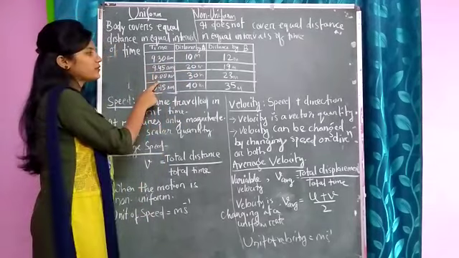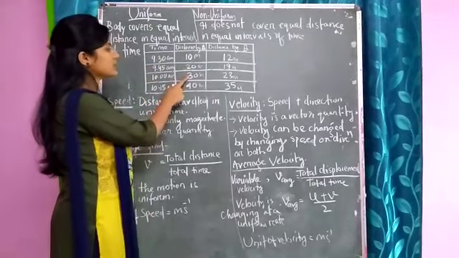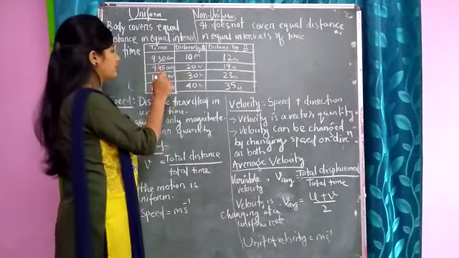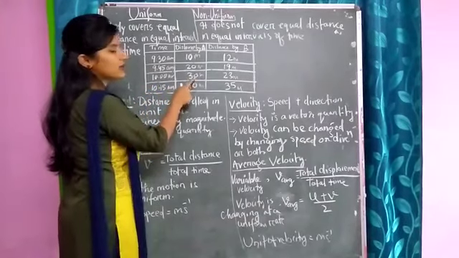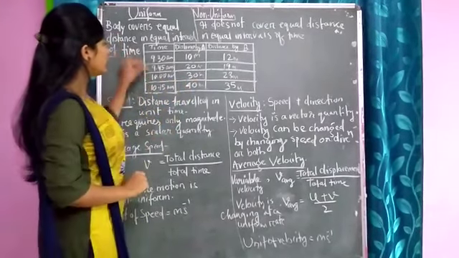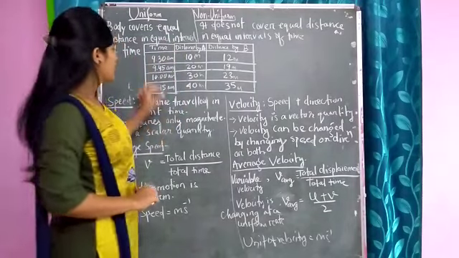For the next 15 minutes, the distance is again 10 meter. Again for the next 15 minutes, it is also 10 meter. So for equal intervals of time, the distance is also equal.